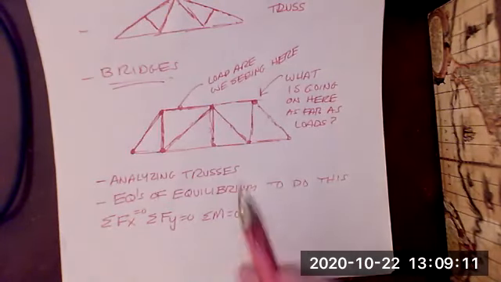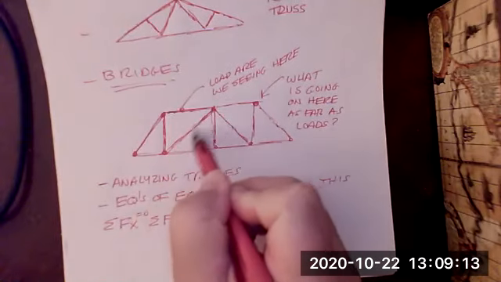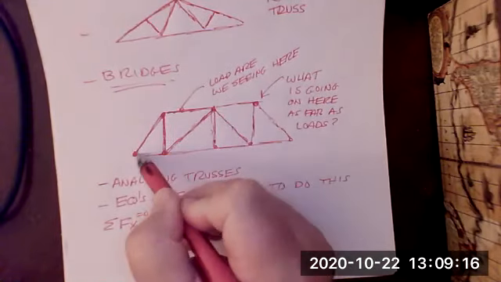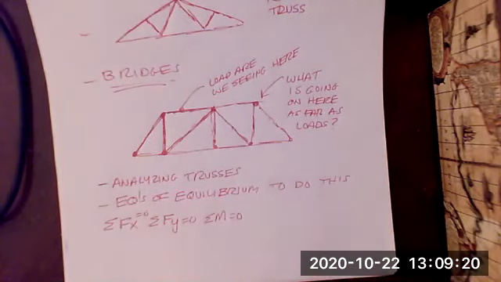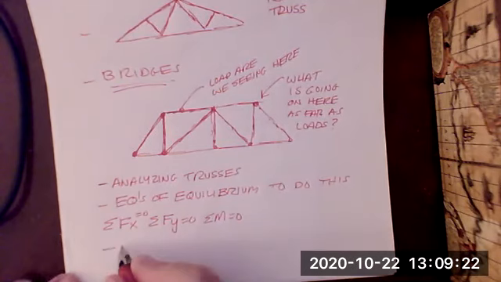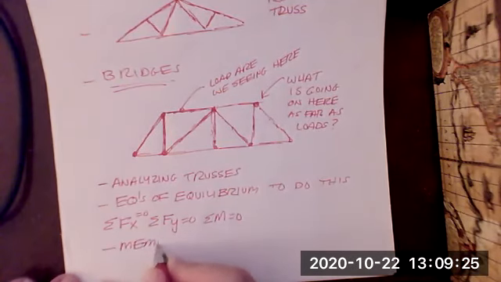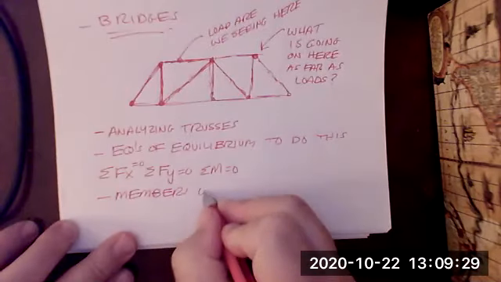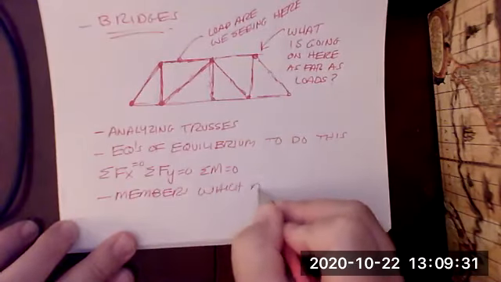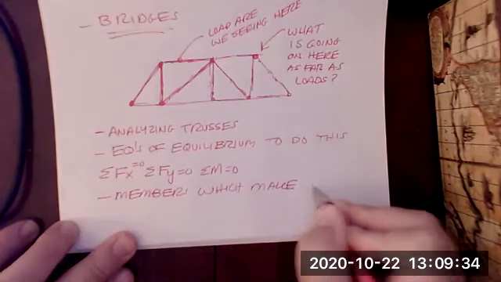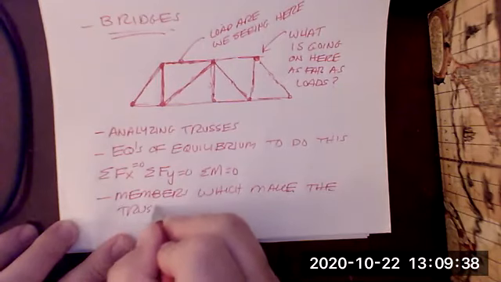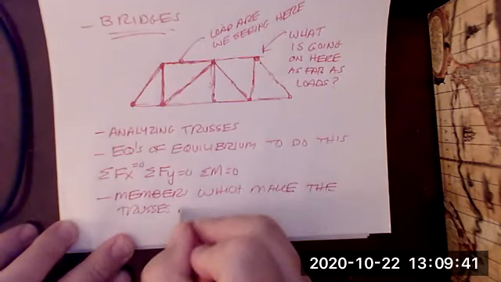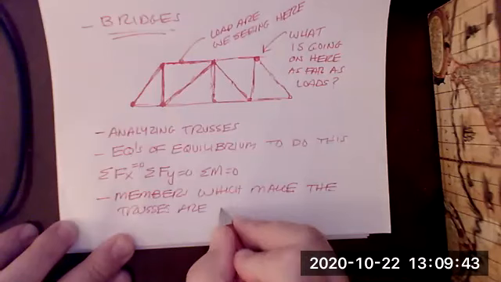Now, these slender members that you see, which make up the trusses, are either in compression or tension. So in that sense, the members which make up the trusses are two force members.